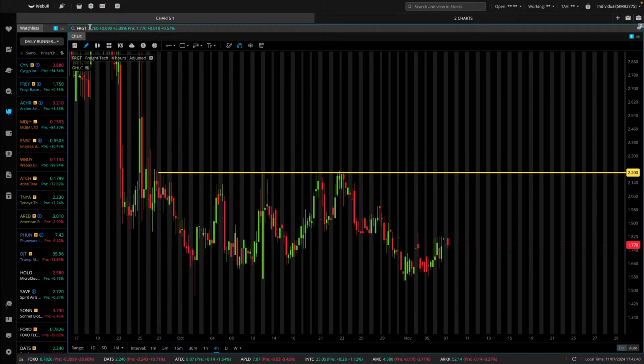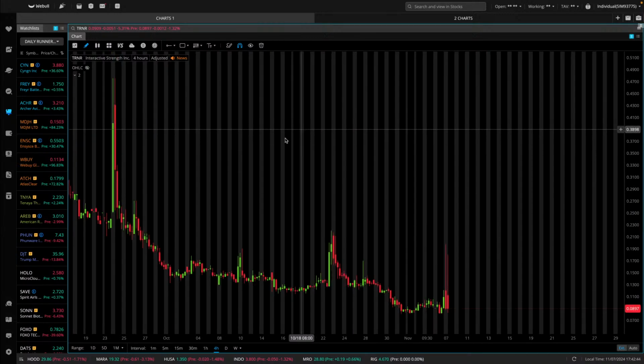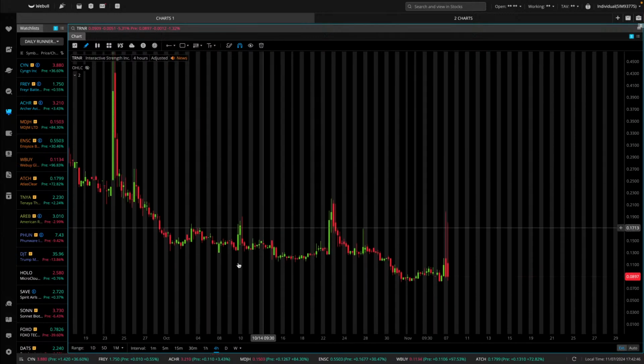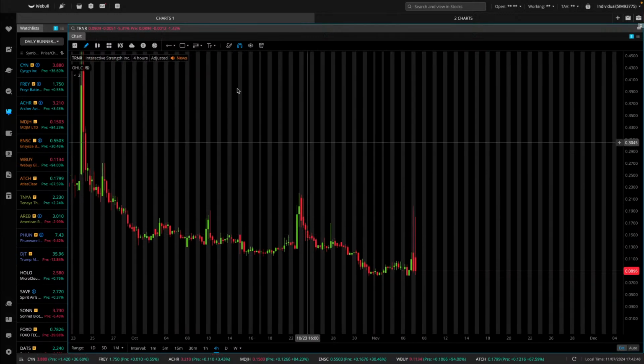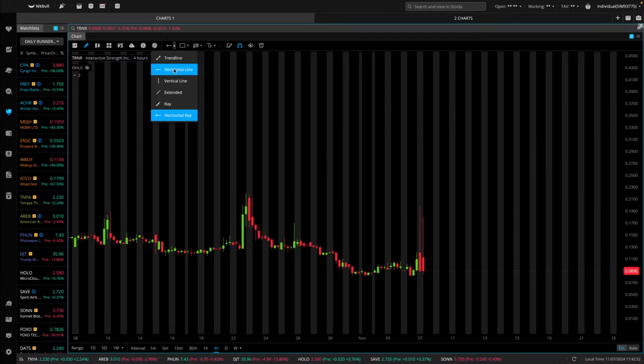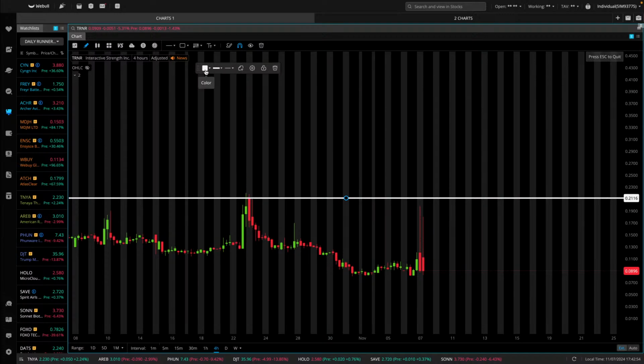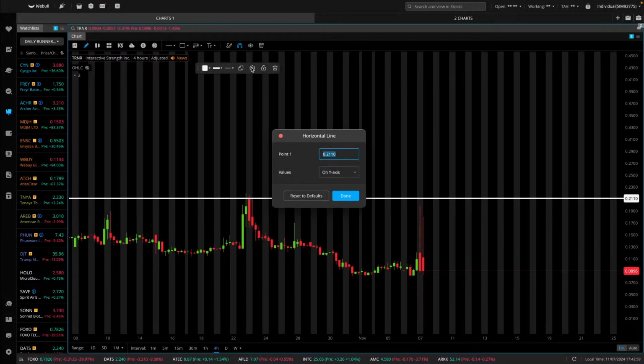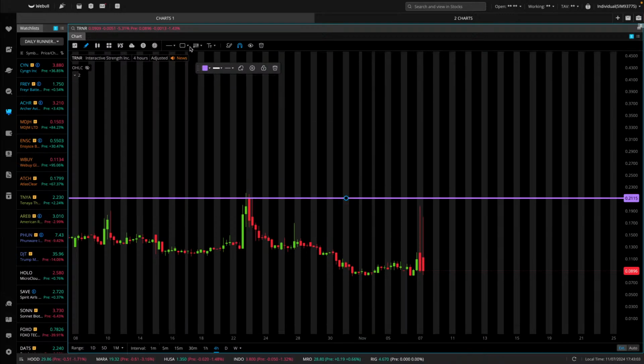TRNR. I removed this one off my watch list. It wasn't really doing anything. TRNR. Overall trend is very bearish. I don't like when it has these two strong top wicks. You see this? It shows a lot of rejection, and this is where it's rejecting around this level here. So you have 0.2115. So 0.2115, that is your resistance level. Maybe if you close above that, I would consider something.